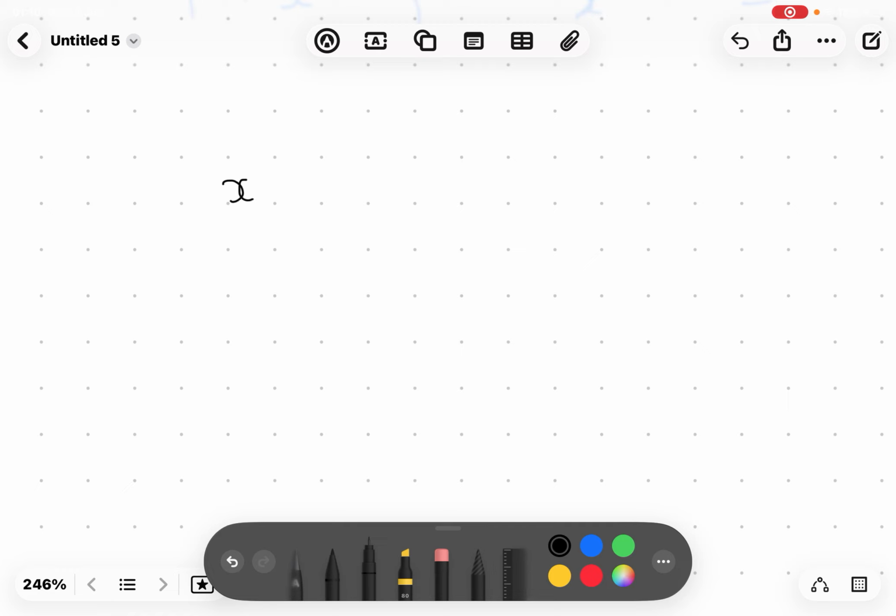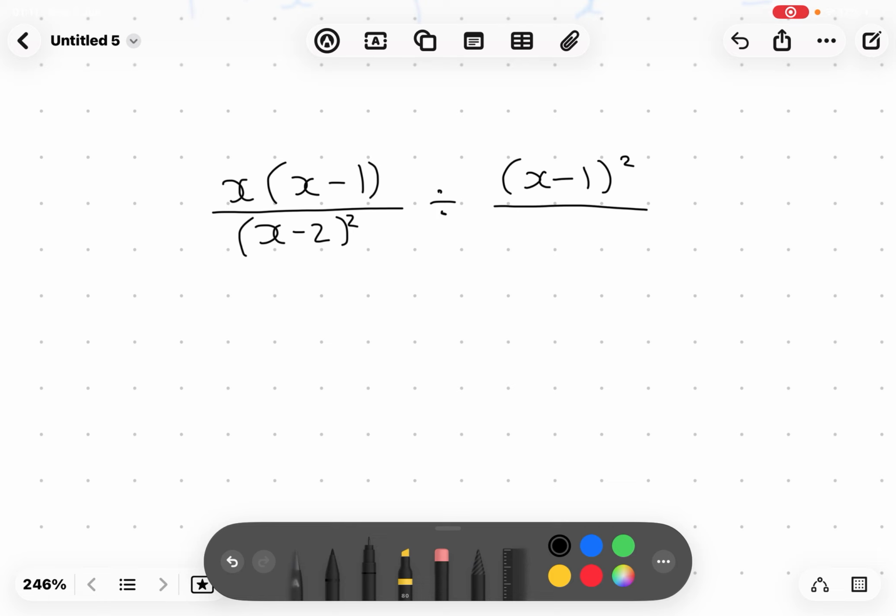So x brackets x minus 1. So look, right now, we can take away this and take away this.